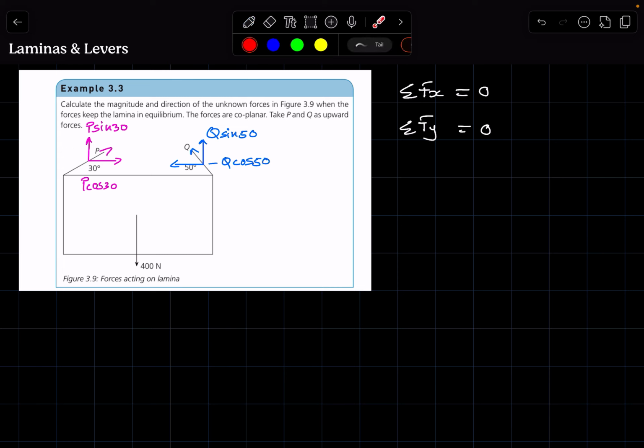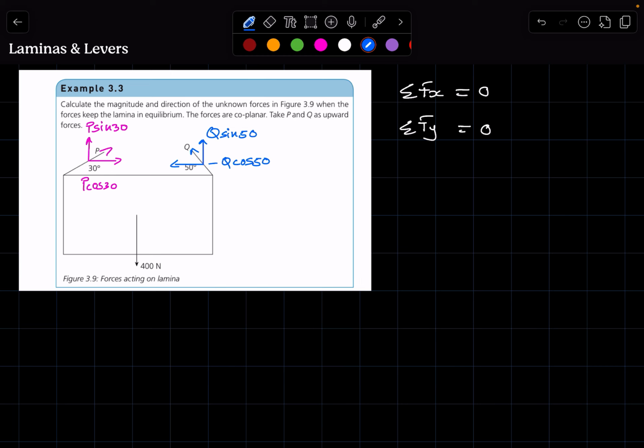If you look at our horizontal components, both of them are in terms of cos, and if you look at the vertical components, both of them are in terms of sine. The reason is that the angle we have used, the 30 degrees for this oblique force, is a reference from the x-axis, and with this one the angle is also a reference from the x-axis.